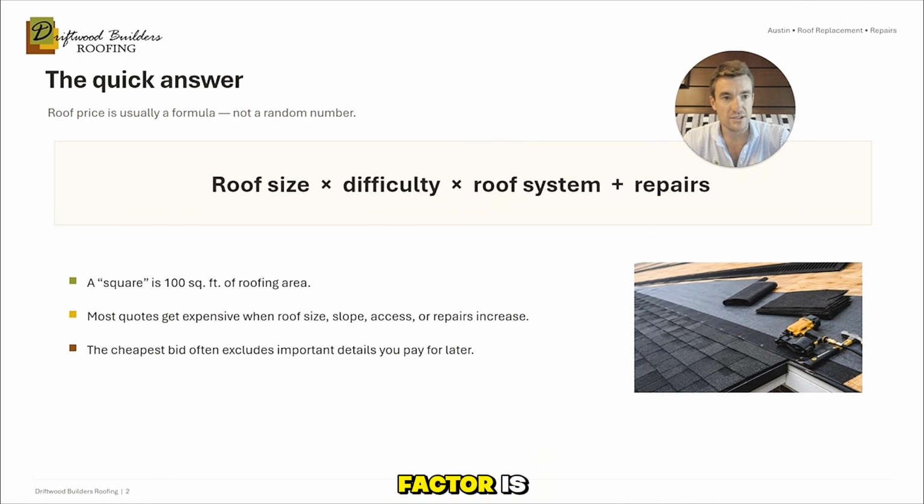And waste factor is how much additional roof we have to put on from the roof that we took off. So the default is 10%, but sometimes if roofs are super steep, then it's more. Sometimes if a roof has a really low slope, it's less. And then with the roof system, there's asphalt shingle roofs, metal roofs, and clay tile roofs.